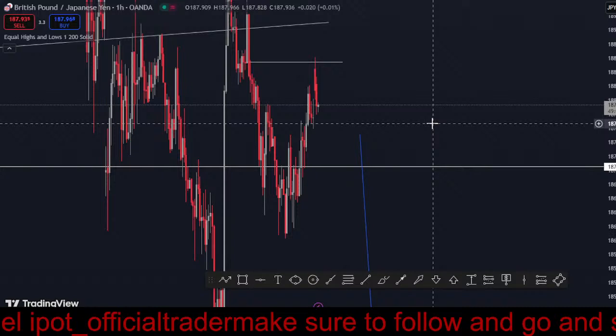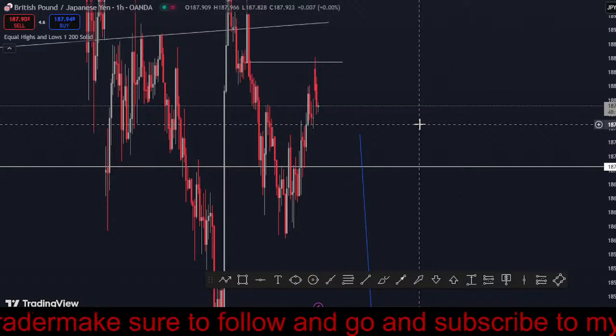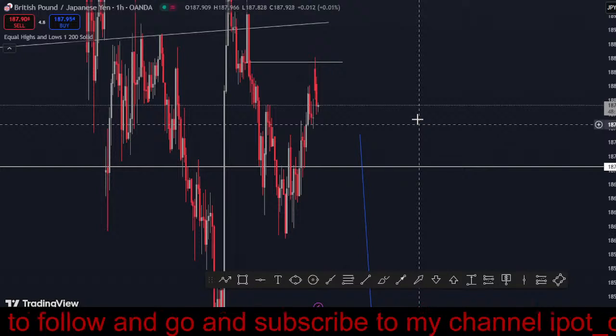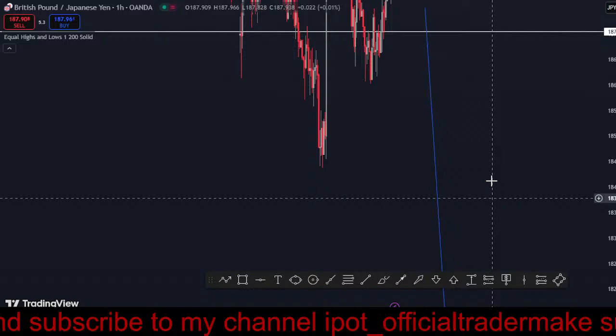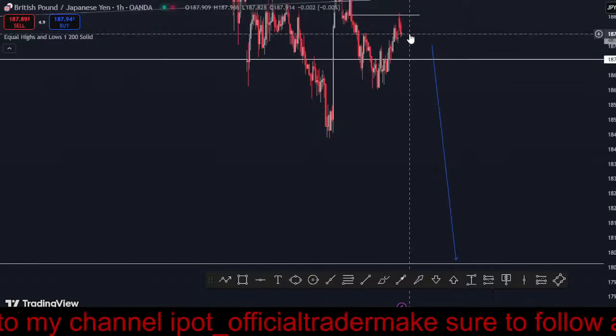So at the moment just know that I'm currently just looking for sales on GBPJPY, and you can see that's a pretty good solid drop from here to there. That's some good points. Let me check how many points that is.